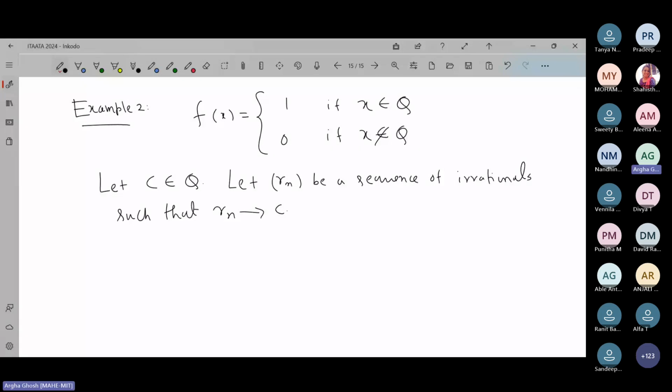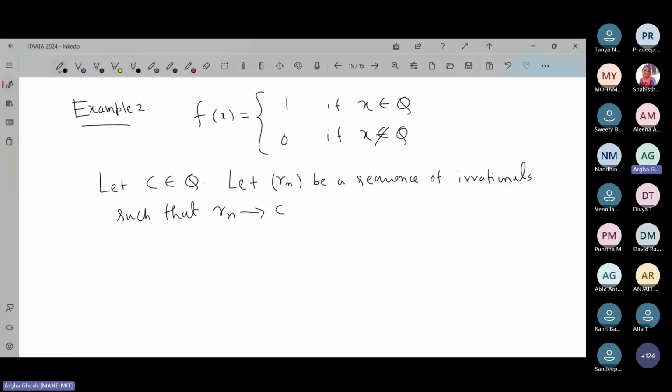You can easily take, if you have a c, c plus root 2 by n. That also gives you a sequence of irrational numbers that converges to c.